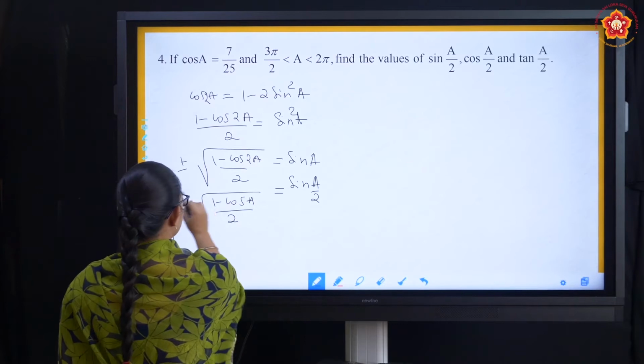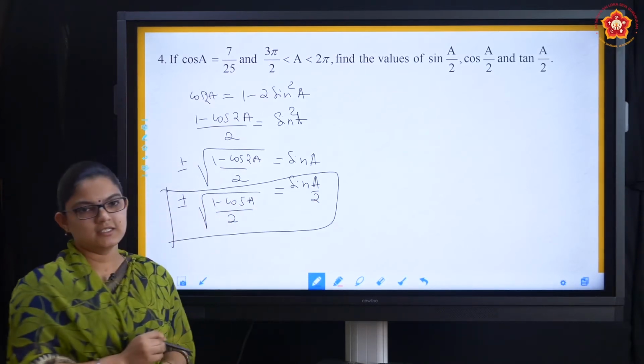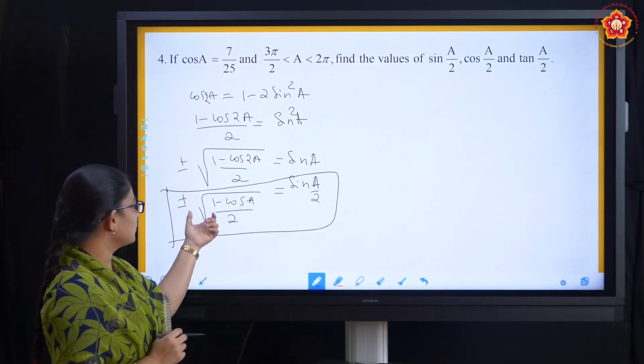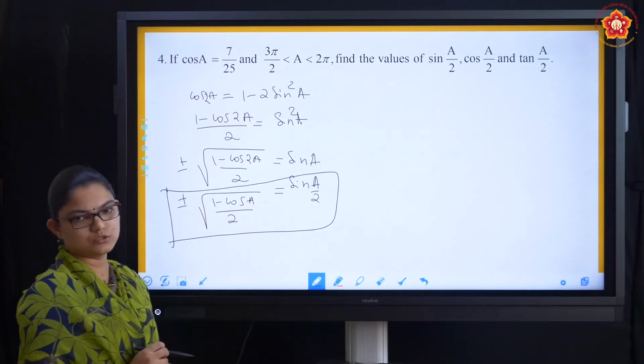So we are going to use this formula in order to find out sin A by 2.